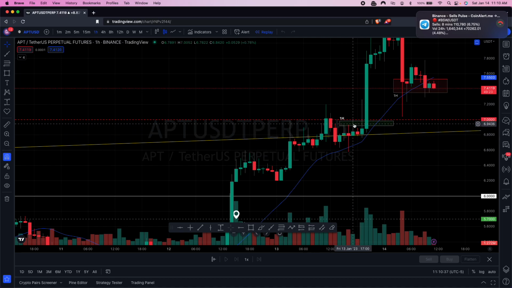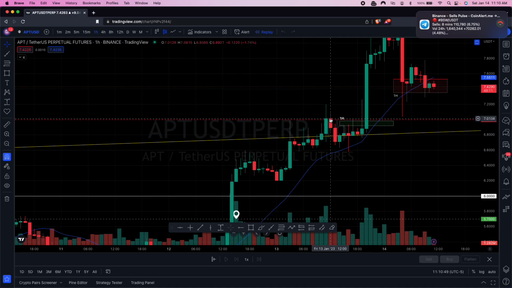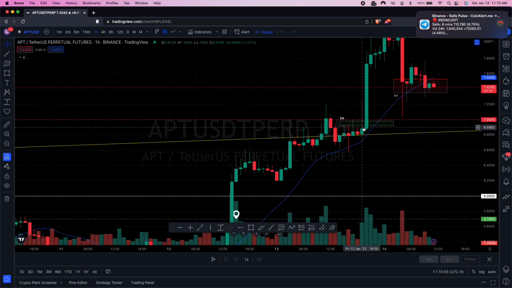And so it did get that far, and I do like the fact that, I don't know how long this took to go through here, but it definitely would have hit my TP even if I went to 61.8% on there, or even the top of this high right here, this candle, not the high, but the close and the opening of those candles.